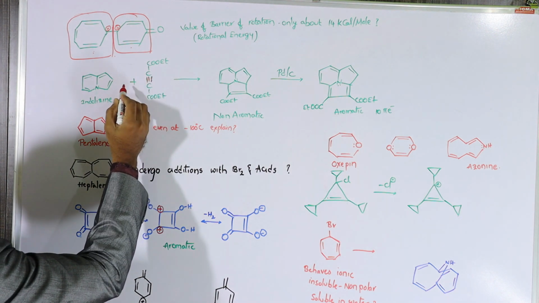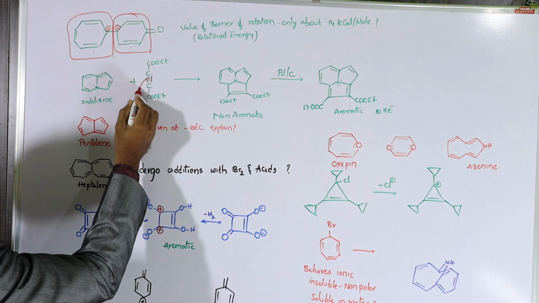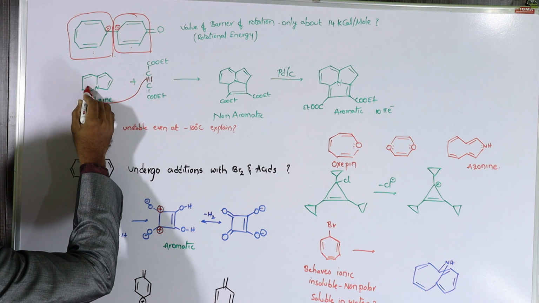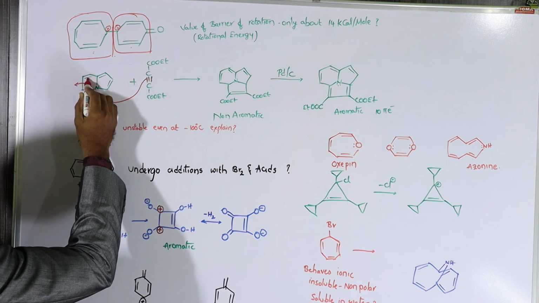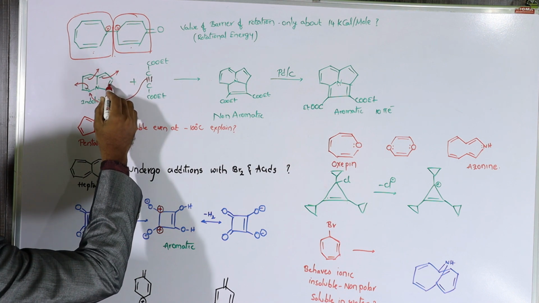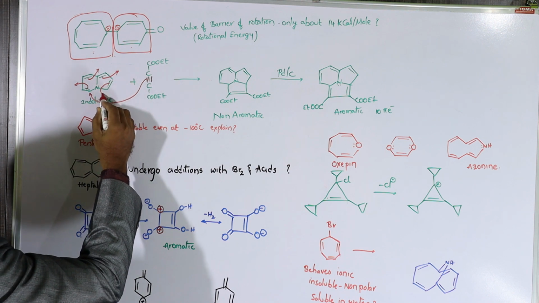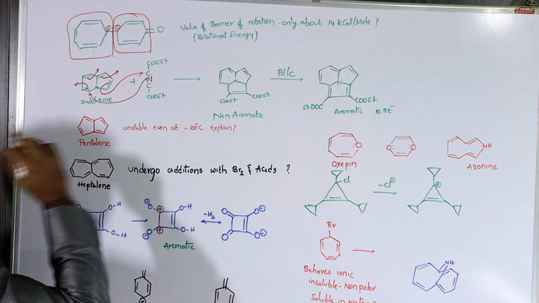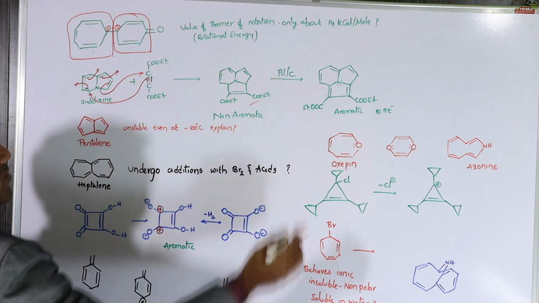So this one transfers to this carbon, then this bond transfers here, this bond transfers here, and this bond transfers here, and this bond will form here. Then this compound is formed.